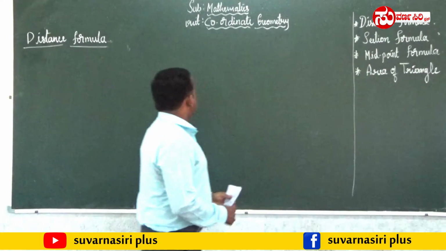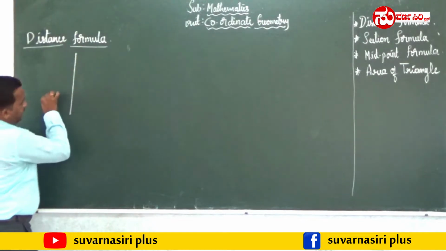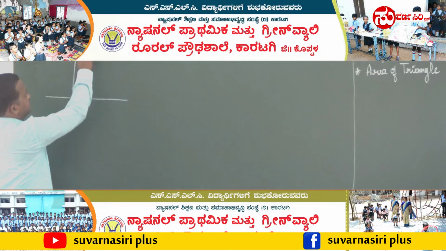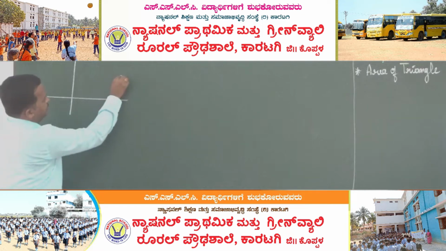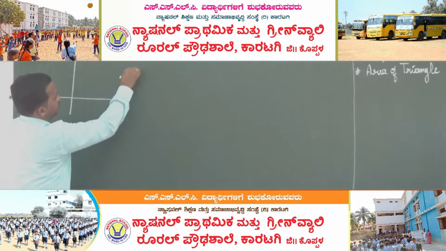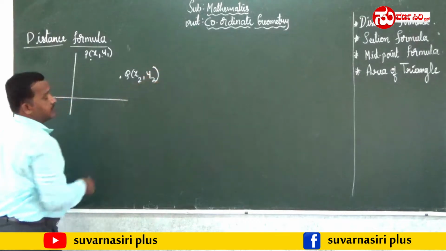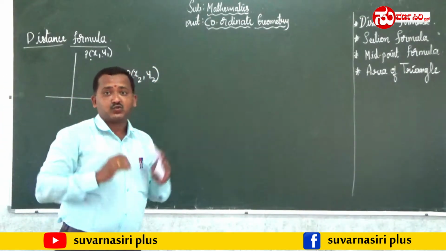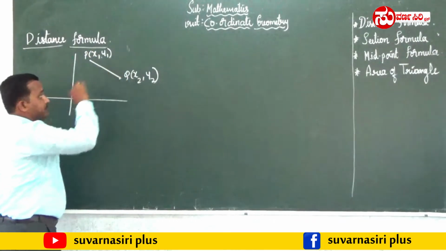So first let us take the distance formula. If I take a Cartesian system, I will take 2 points, P with coordinates x1, y1, and one more point Q with coordinates x2, y2. Now I want to find the distance between these 2 points, that is PQ.